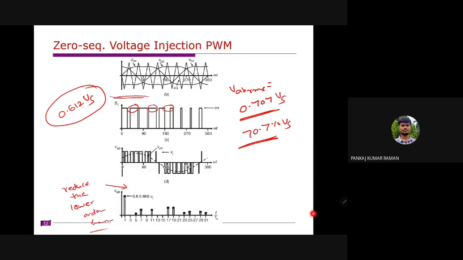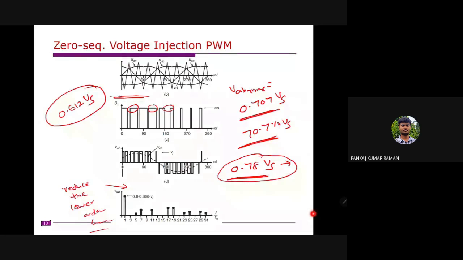Clear? Actually, we need to remember 3 digits. One is 0.78 Vs. This is the output voltage RMS value when the waveform is operated in square wave. That is the maximum output voltage that can be obtained from the inverter.